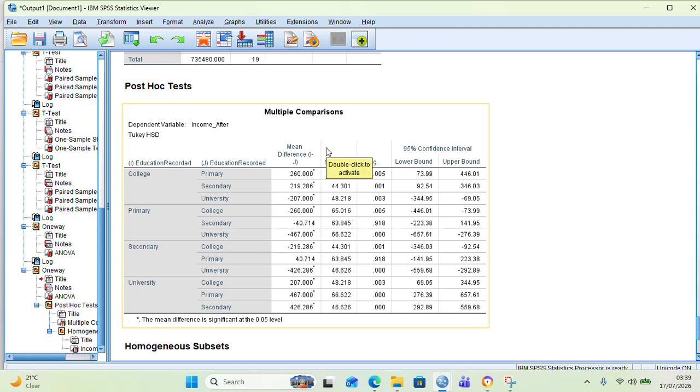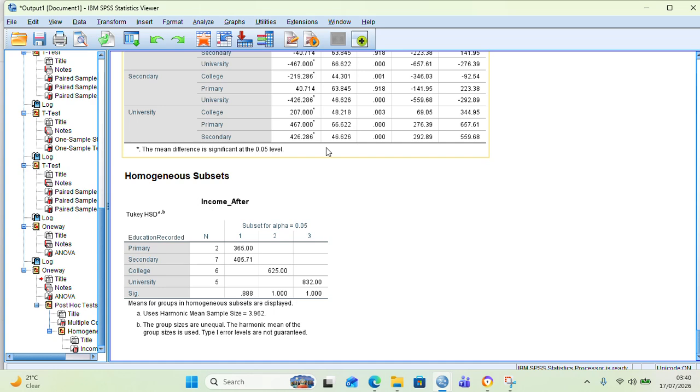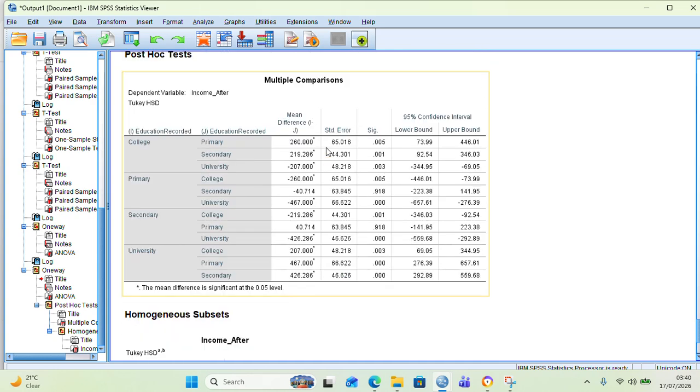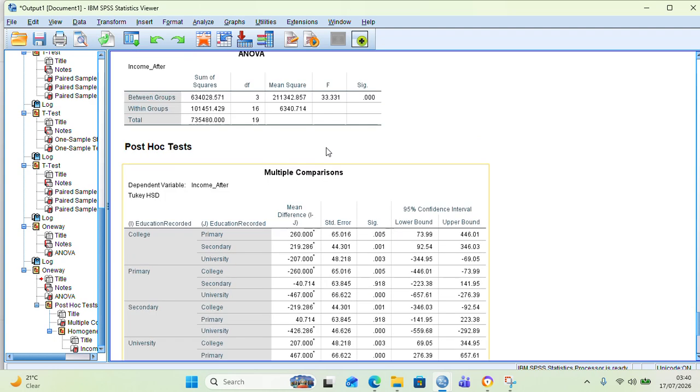Remember that we said when you have conducted the ANOVA, and you find the significance is 0.000, which is less than 0.05, that means it's significant.